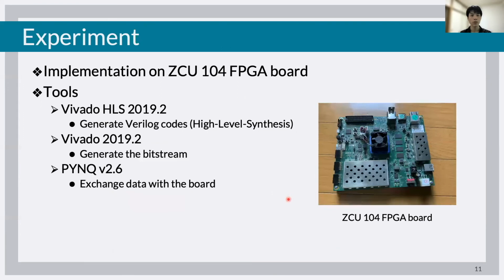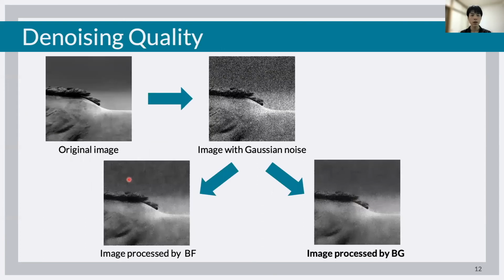So far, we viewed this acceleration strategy. Now let's see whether it is actually faster and smaller or not. We implemented the accelerated design on the ZCU104 FPGA board by using Vivado HLS, Vivado, and PYNQ tools. First, we verified that the accelerated design has equivalent denoising quality to the original bilateral filter.